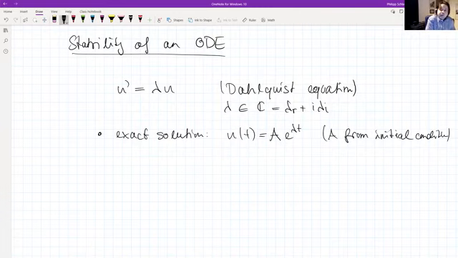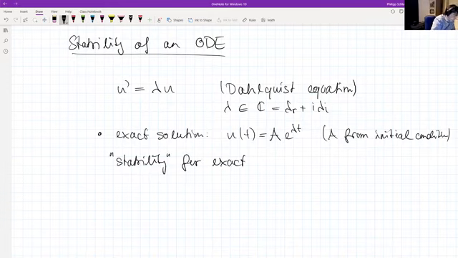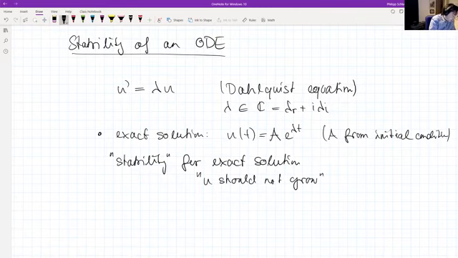Now, we can also just formally define what we mean by stability for our exact solution. In the same way, kind of saying that u should not grow over time.